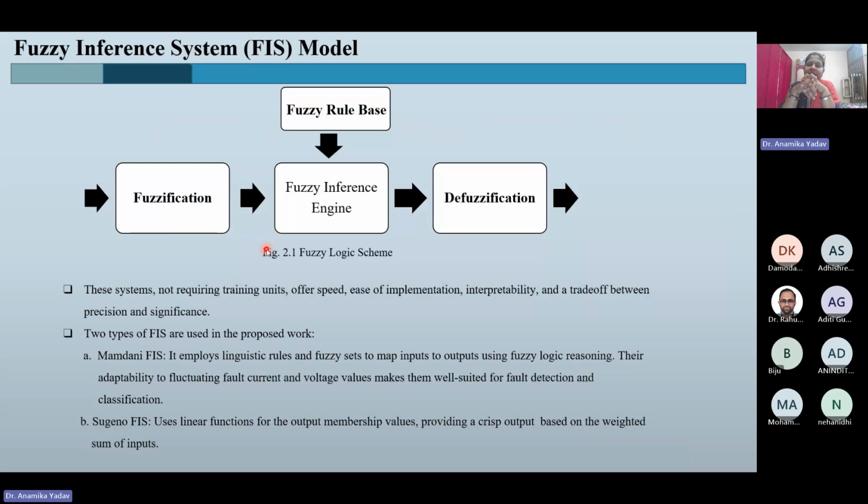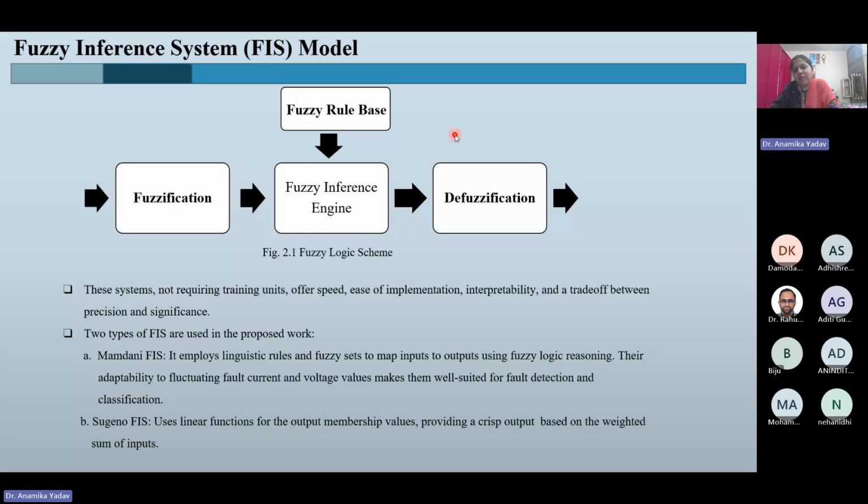So wherein the system is subjected to imprecision or uncertainty, fuzzy logic is considered an ideal solution for having the ambiguity solved. This fuzzy logic was proposed by the scientist Lotfi A. Zadeh, and he showed that if the system is subjected to fault, how fuzzy logic can be introduced as a scheme to detect the presence of fault in the power transmission system.